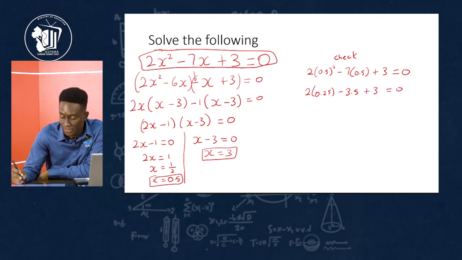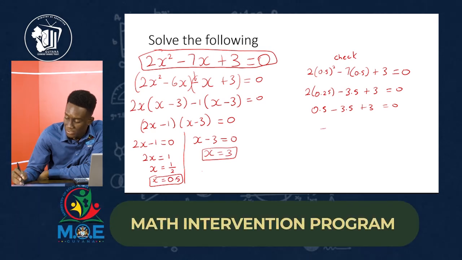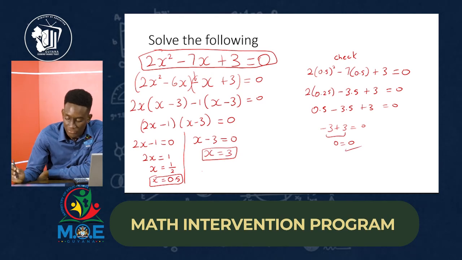So 2 times 0.25 would give us 0.5 minus 3.5 plus 3. When we subtract 0.5 subtract 3.5, that would give you minus 3 plus 3, which would give us 0. So this side will work out and give you 0 is equal to 0. So yes, the 0.5 checks out.